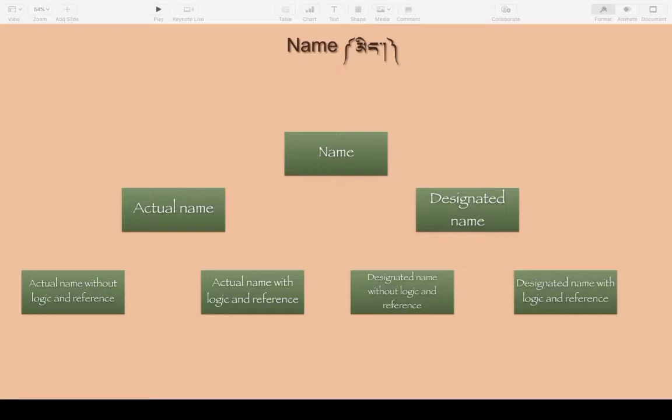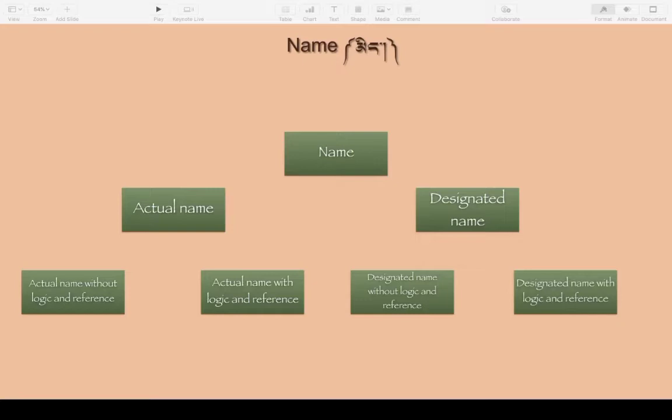For example, Senge means lion, and the name Senge represents the animal lion. So the names that represent the very object that they are referring to are known as the actual name.